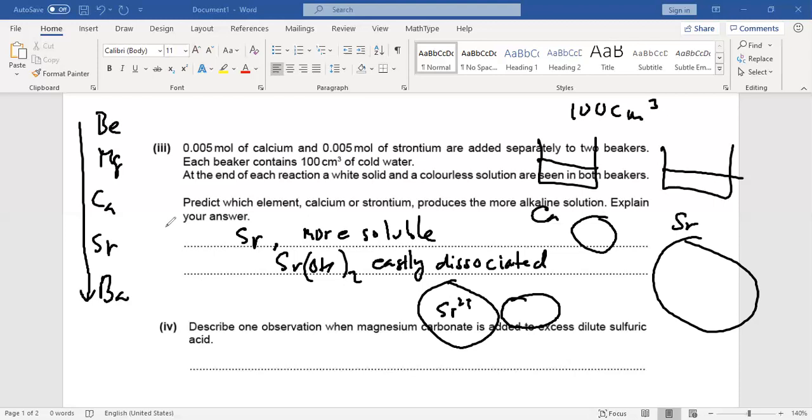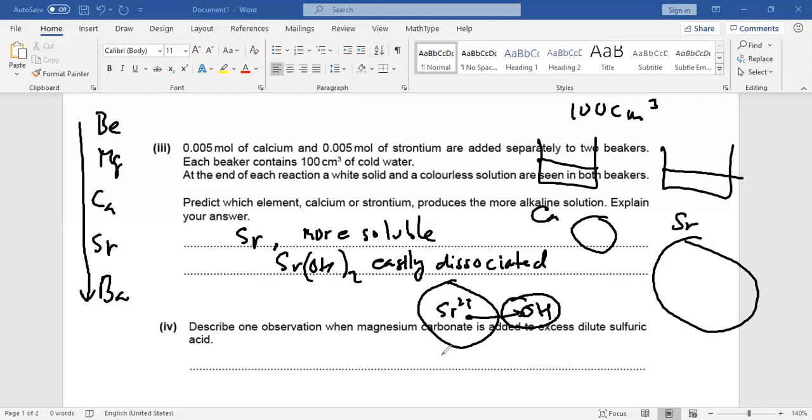So it makes the size of Sr bigger or larger than the size of Ca. Whenever you have a discrepancy in terms of radius, it means that Sr and OH are less attracted. It means that they have weaker bonding compared to Ca.